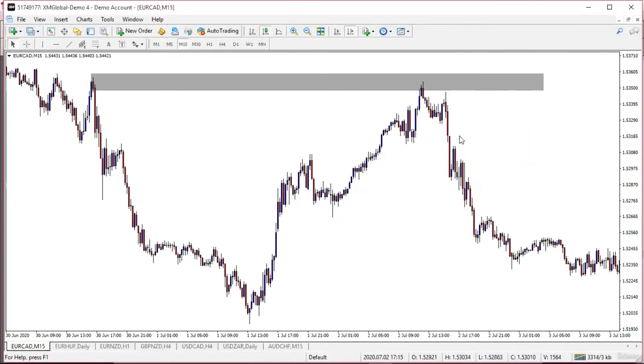It's going up, printing high highs, high lows. Now, if you look at this, it's rejected here. Our take profit would probably have been on this low.